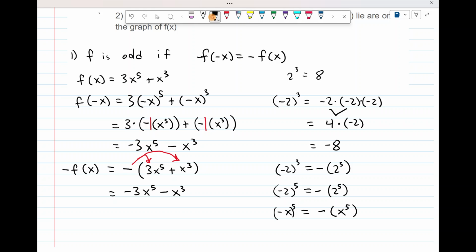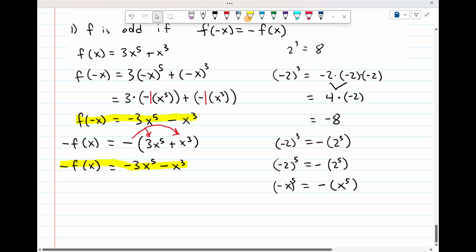Notice, again, f of negative x is equal to negative 3 times x to the fifth minus x to the third. And negative f of x is also equal to negative 3 times x to the fifth minus x to the third.